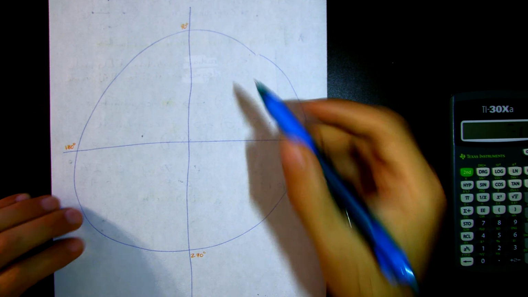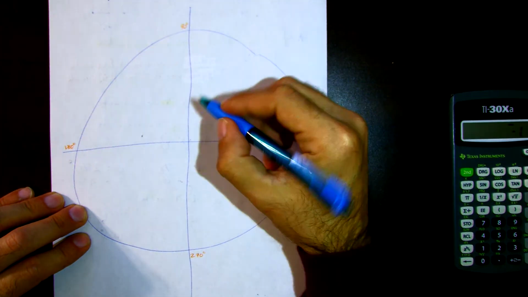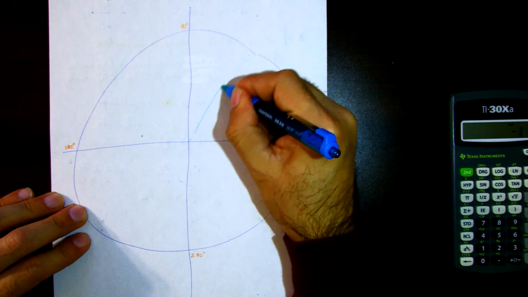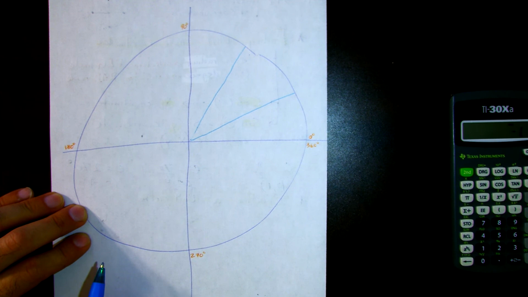Now, we want to break the top half into 6 parts. Watch what I'm going to do. I'm going to break this into 6 parts, and I'm going to do that by breaking each of the quarters here into thirds. See what I did?